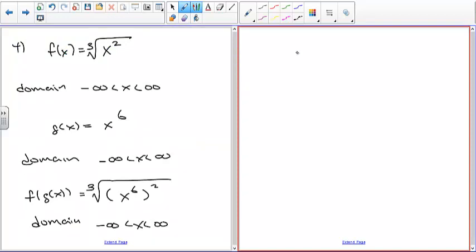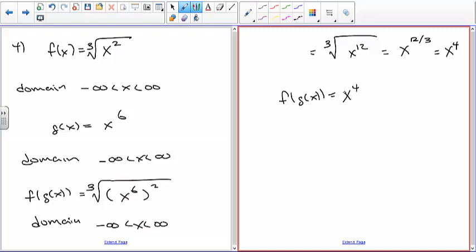Now if I simplify it, I've got the cube root of x to the 12th power. If you have something raised to a power, you multiply the exponents together. That's the same as x to the 12/3, which is x to the 4th. So the simplified version of the composite function is x to the 4th, which also is all real numbers. So you come to the same conclusion either way.